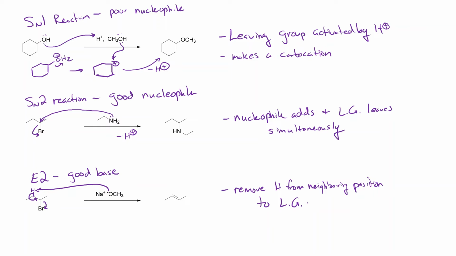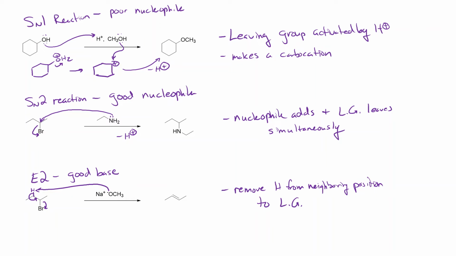We have basically three ways of getting rid of the leaving group. We can get rid of it by making a carbocation. We can get rid of it by adding a good nucleophile and kicking it out that way, or we can get rid of it by adding a good base and removing the neighboring hydrogen.